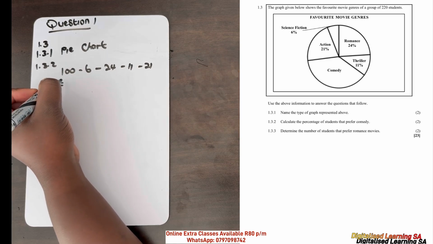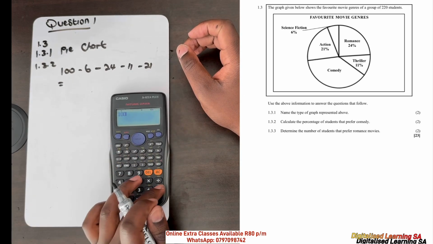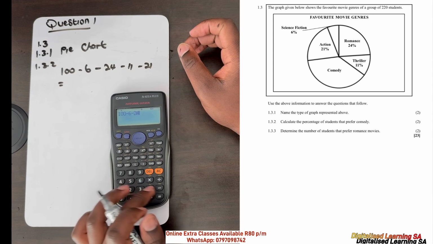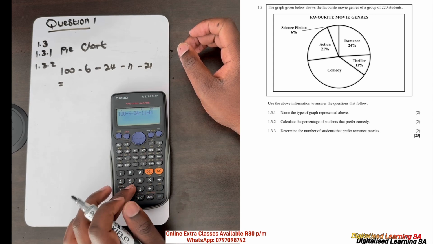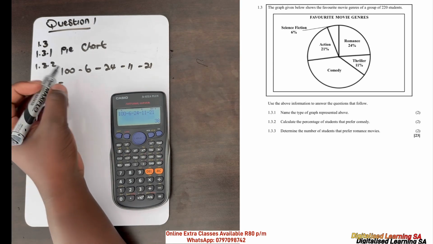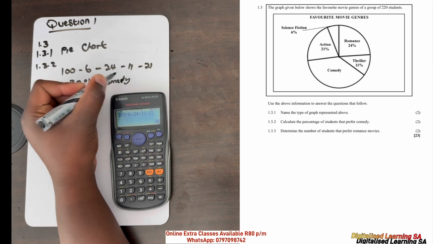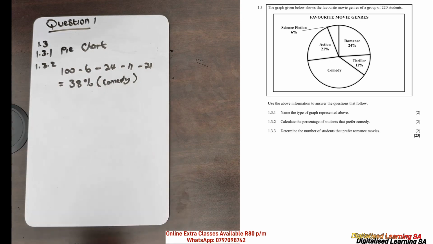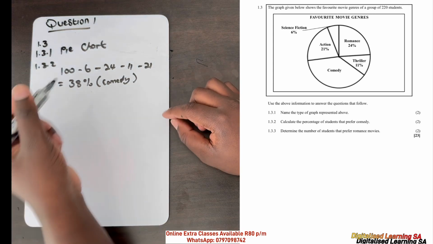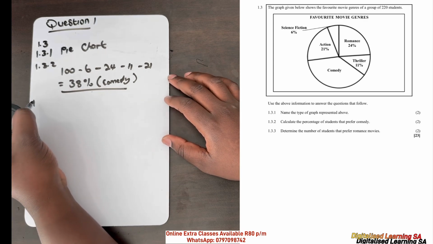So it will be 100 minus 6 minus 24 minus 11 minus 21, and we can easily see that the percentage would be 38% for comedy. The total percentage is equal to 100, meaning that if you have one missing value, we can calculate it. That's what we did.